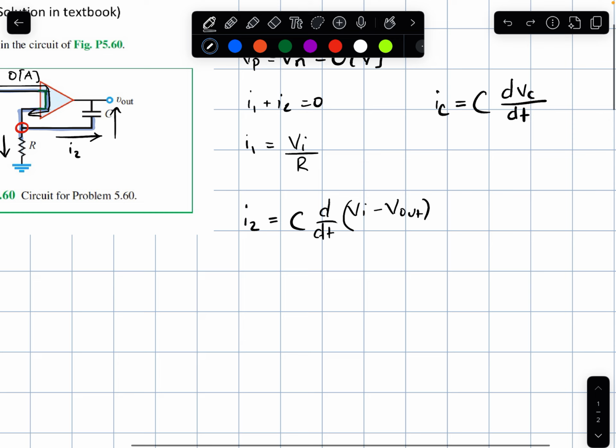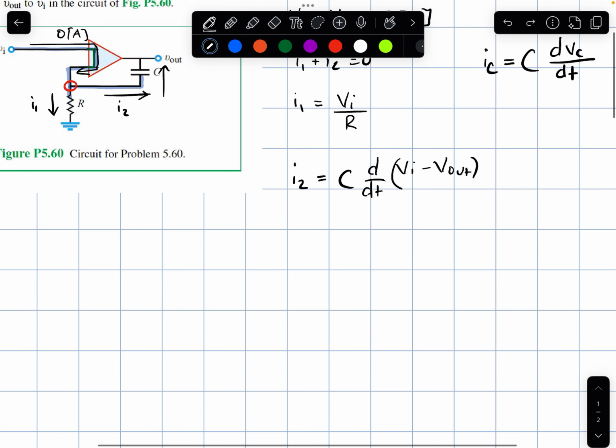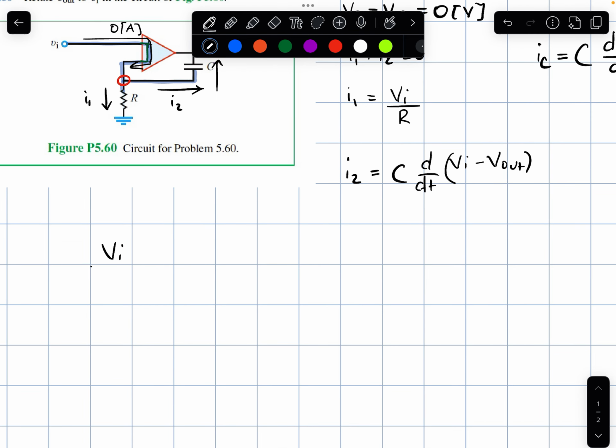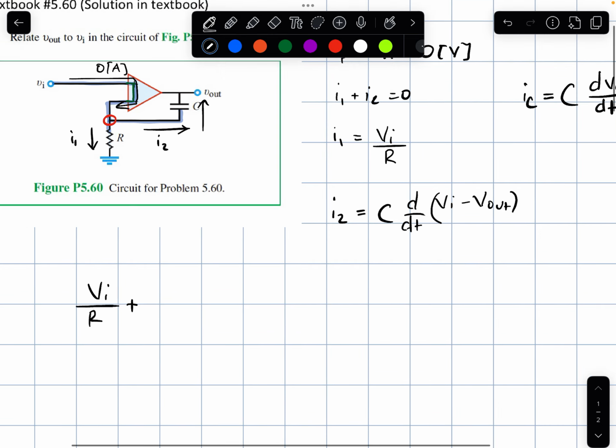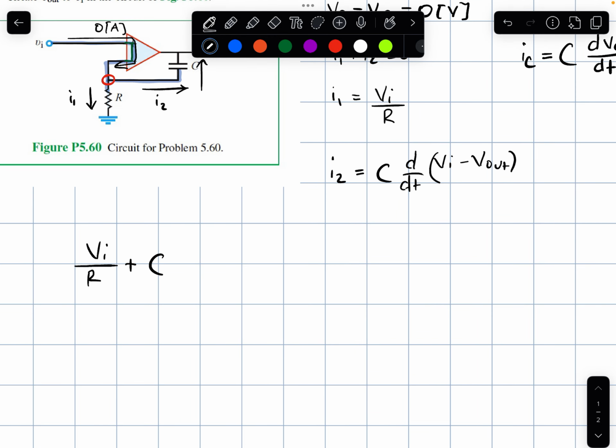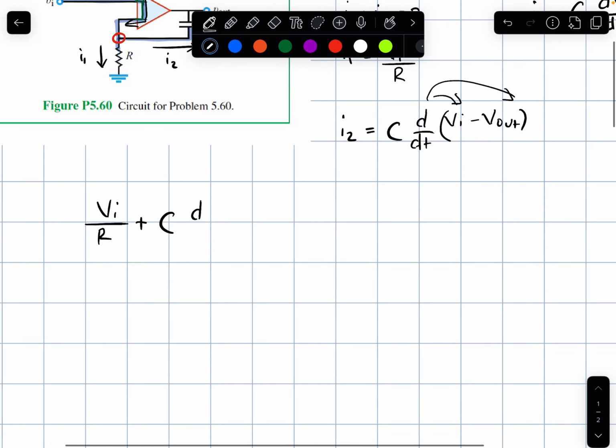So I1 is Vi over R plus I2, C d. Okay, I'm going to split them up, or I'm going to distribute the derivative part.